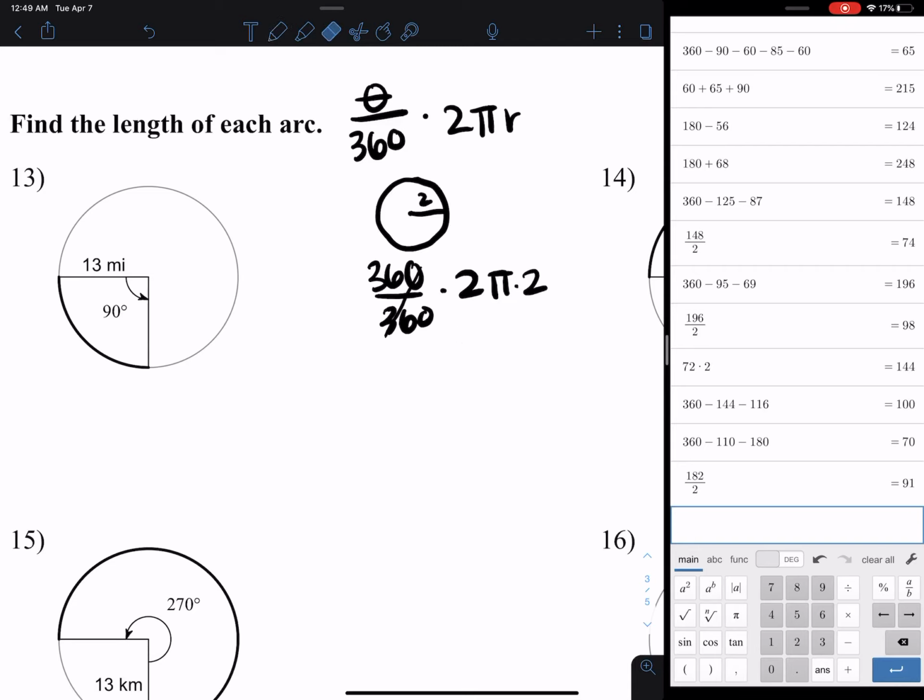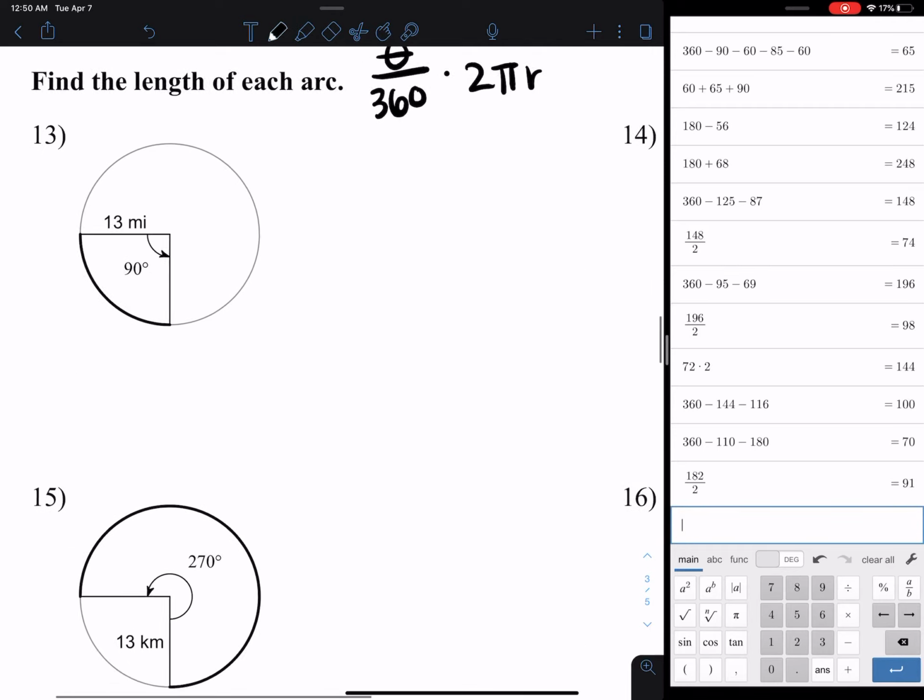So if we change this and we wanted this to be like half of the circle, let's say that this is our angle here, then we'd say 180 over 360 because now we just want half of the circle. Or if we just wanted 1/4 of the circle, like if the degree was 90, we would put 90 degrees like we have in number 13. So that's what we do for arc length.